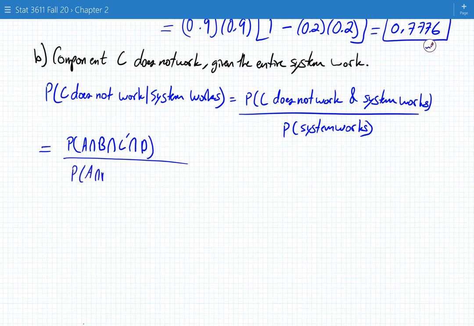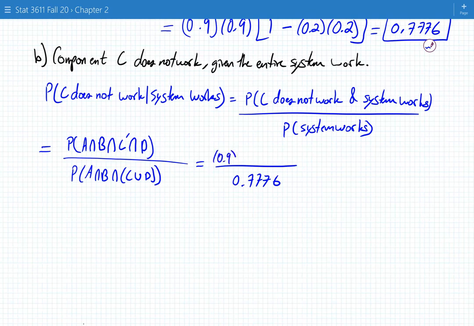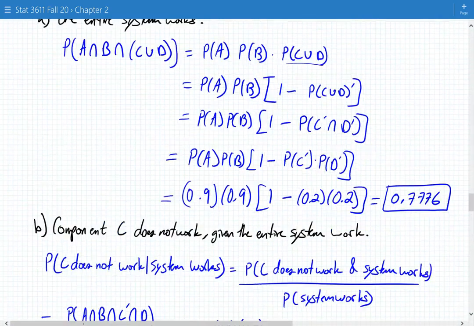And then the probability that the system works is A intersect B intersect (C or D), which we've already done for this denominator, right? We know that the denominator is 0.7776 based on the last question. We just answered that, part A. What about the numerator? Well, these are all independent. So this is the probability of A, which is 0.9, times the probability of B, which is 0.9, again based on the diagram.